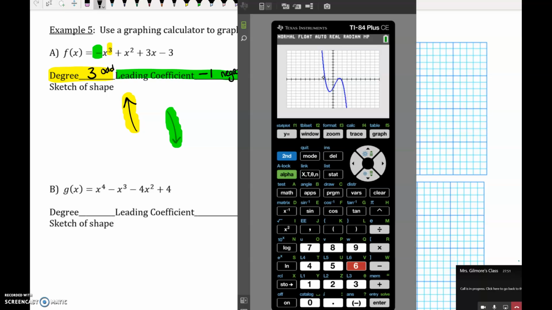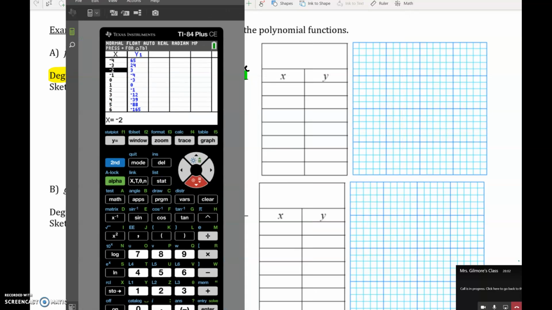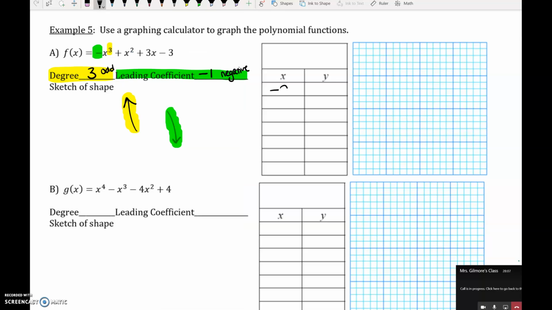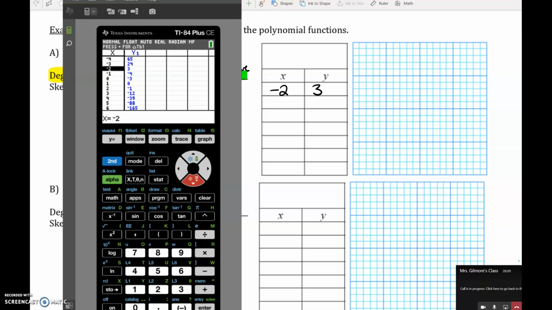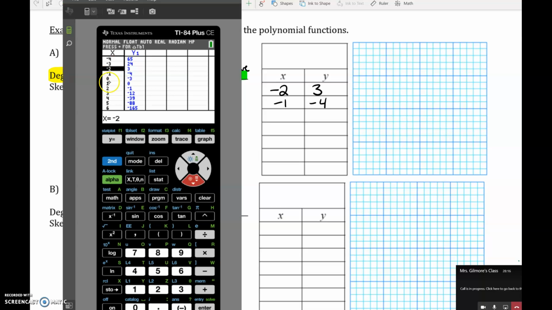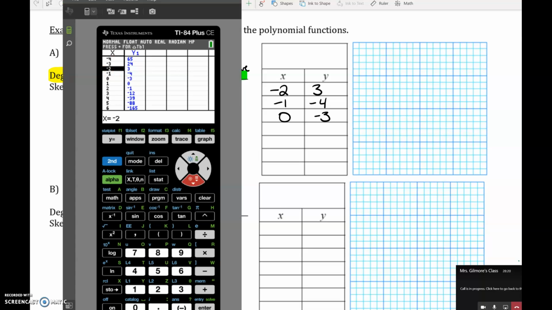You could try to copy it from here, but it's best if you push second graph, that goes into the table, and then you can pick out some points that you can plot. So I am going to use -2, 3. -1, -4. 0, -3. 1, 0.